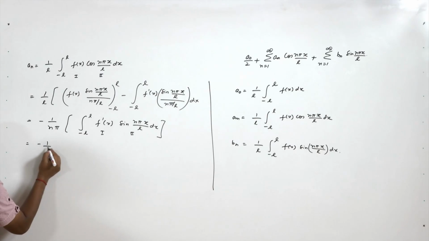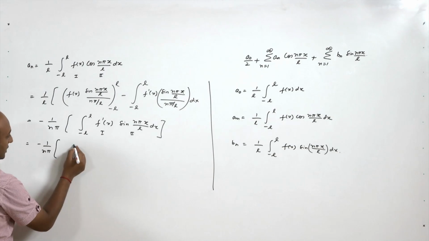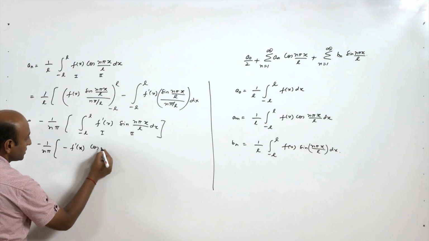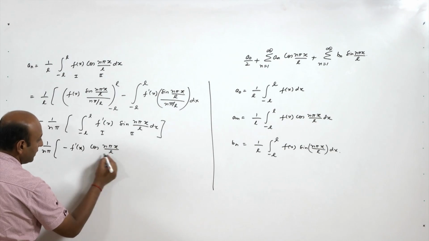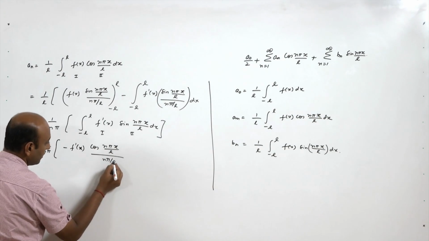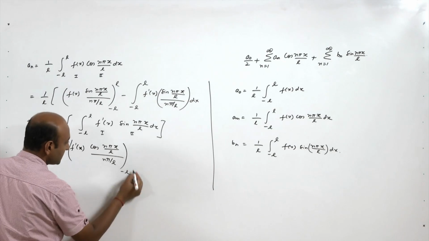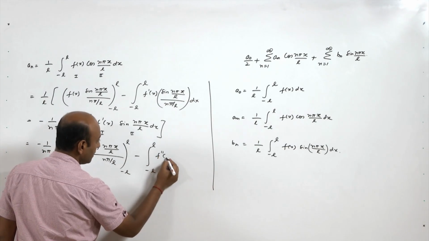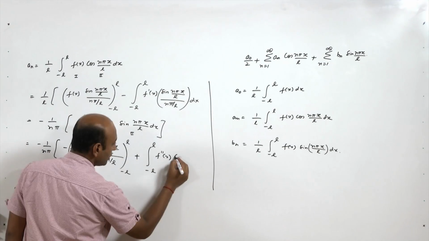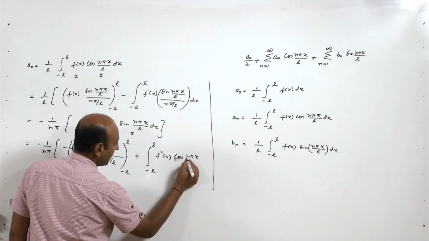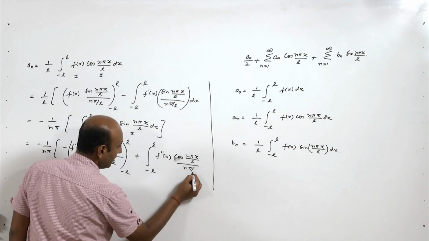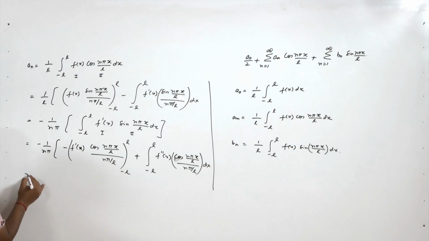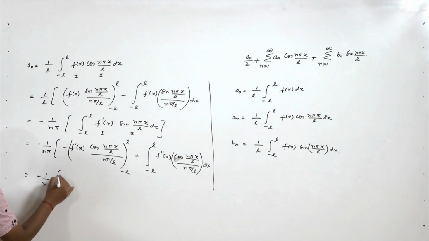So it is minus 1 by n pi, first as it is, integration of second which is minus cos n pi x upon L divided by n pi by L, from minus L to plus L, minus integration of derivative of first and integration of second, that is plus cos n pi x by L upon n pi by L dx.